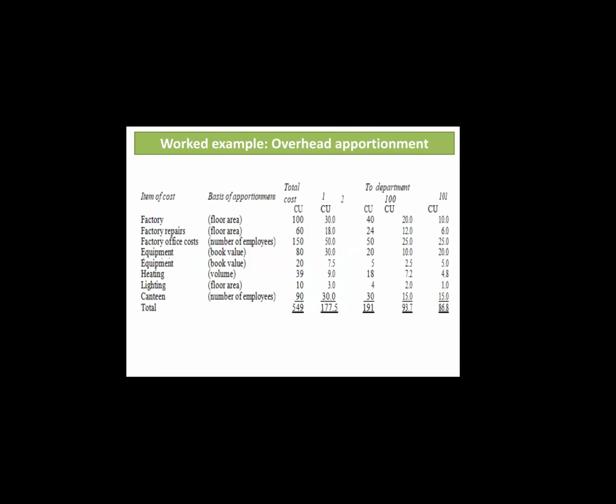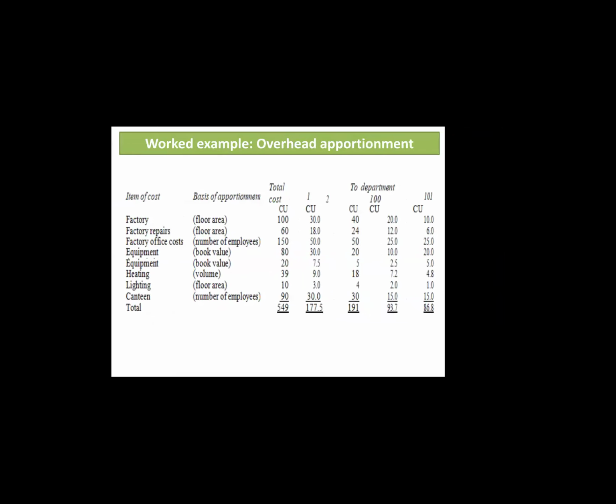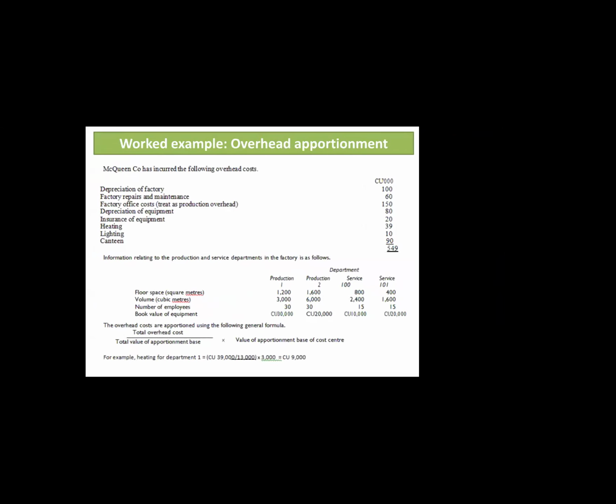So we can segregate lighting cost also. Lighting cost, how much? Total lighting cost of the company is 10,000. So the basis for segregation of lighting cost would be floor space.